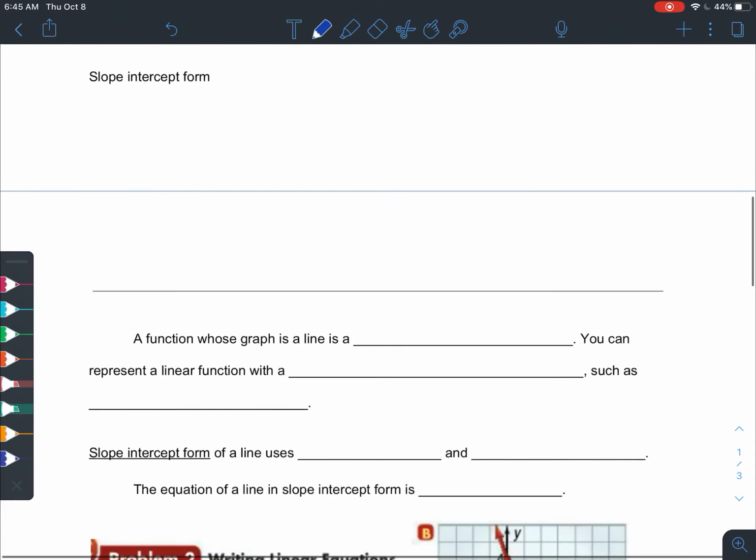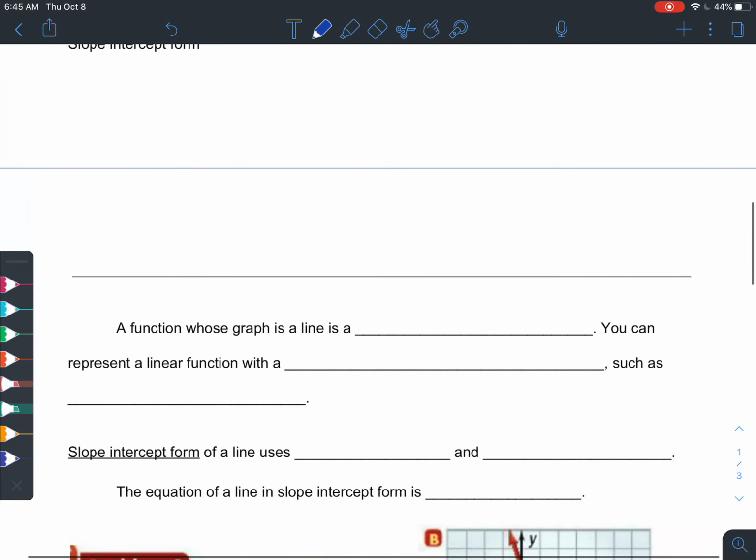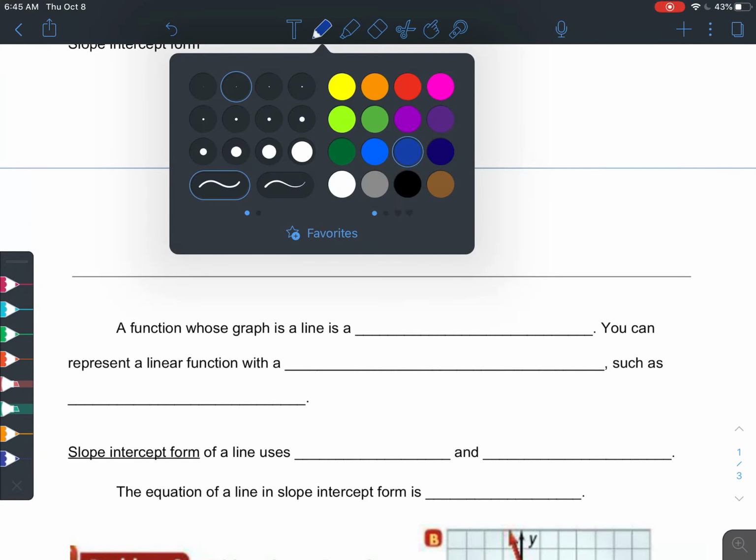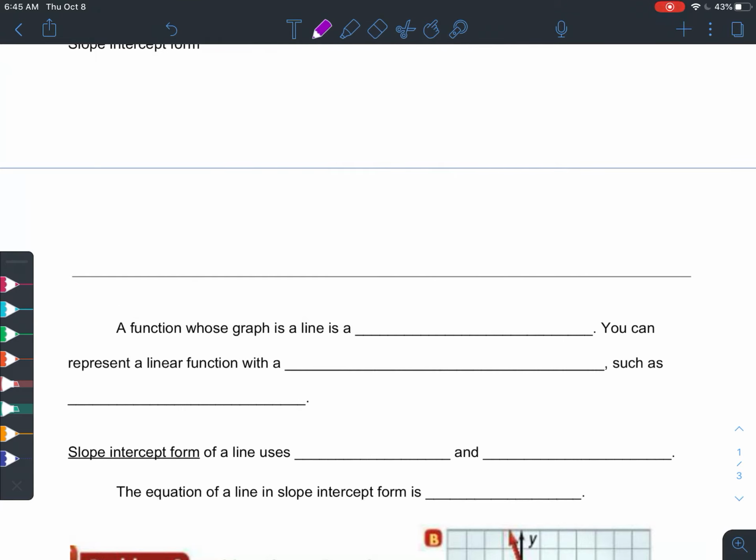Okay, let's look at slope-intercept form. A function whose graph is a line is a linear function. And you can represent a linear function with a linear equation.